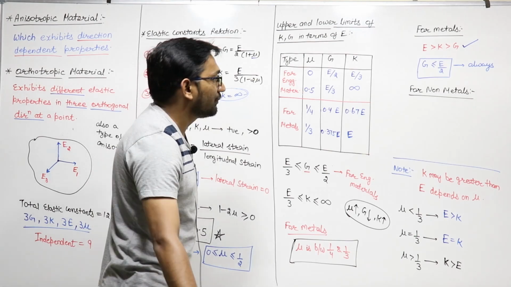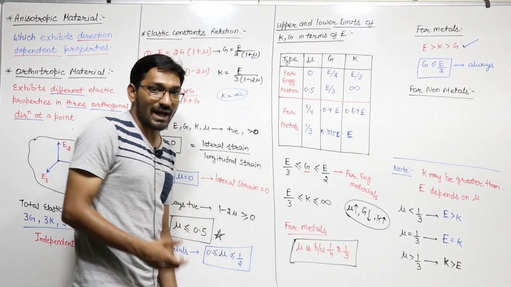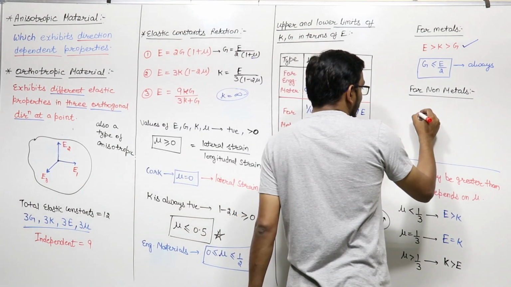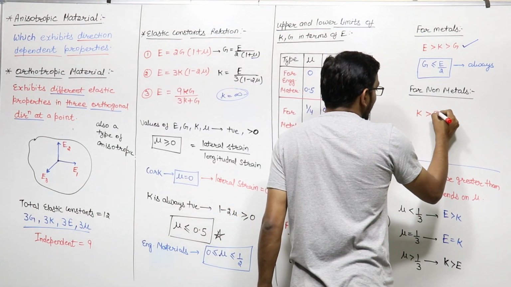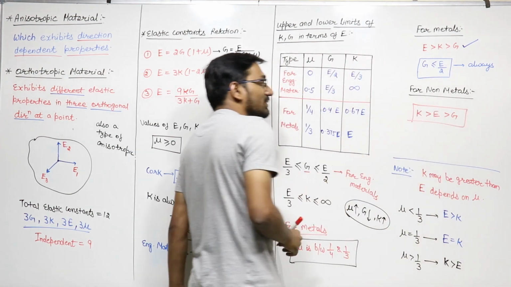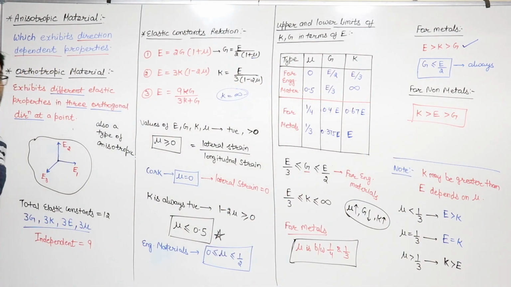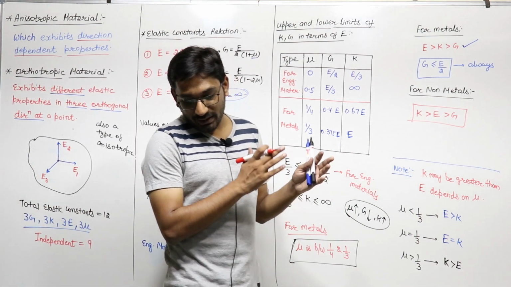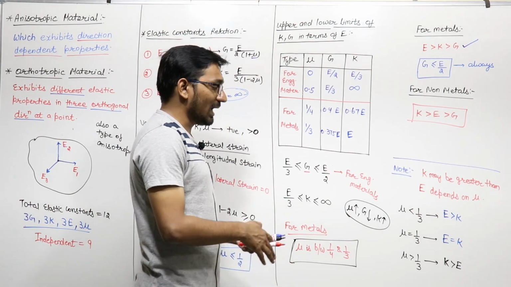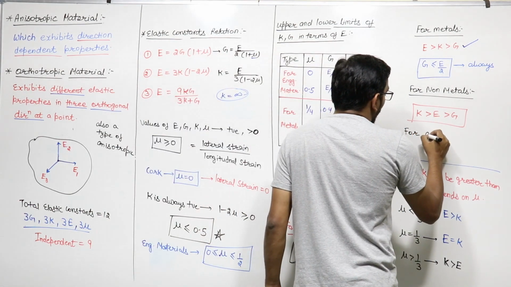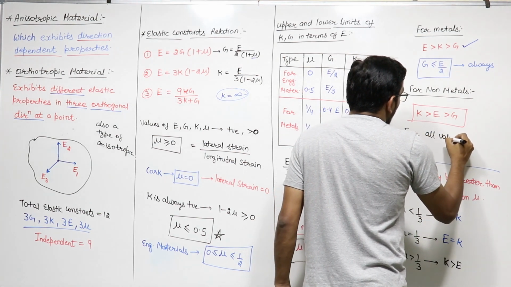And we can say that for any non-metal, the relationship will be that K will be greater than E and E will be greater than G. We are not discussing non-metals in our case; we are just saying that K will be greater than E and E will be greater than G for all values of mu.